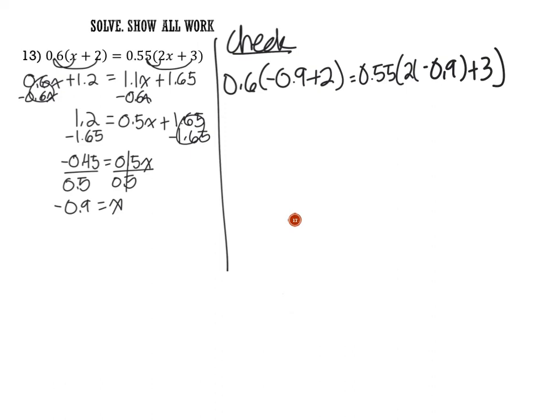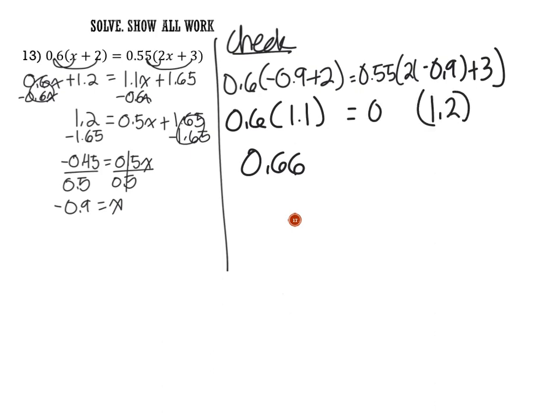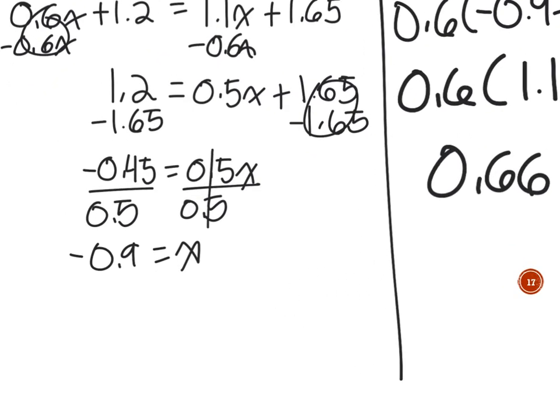So I have negative 0.9 plus 2, which is 1.1, so 0.6 times 1.1 is 0.66. I'm going to work on my right-hand side now. So 2 times negative 0.9 equals negative 1.8 plus 3 is 1.2, times 0.55 equals 0.66. It checks out. So my answer is negative 0.9 equals x.